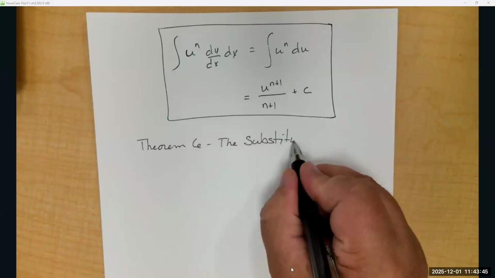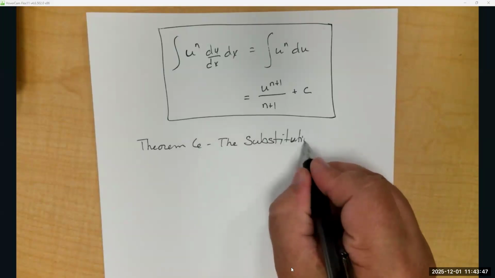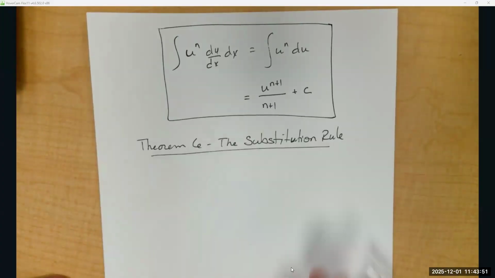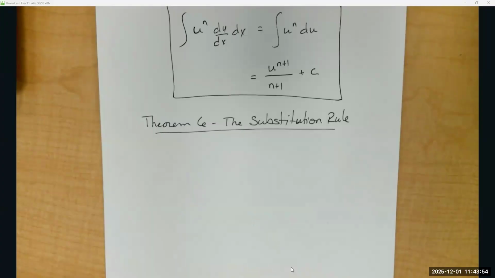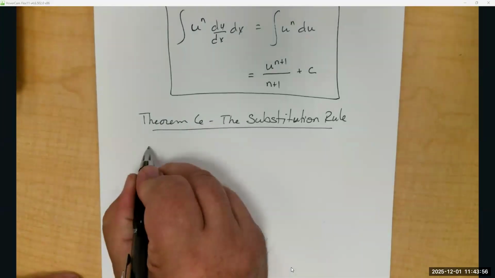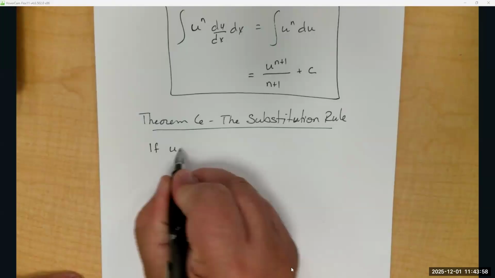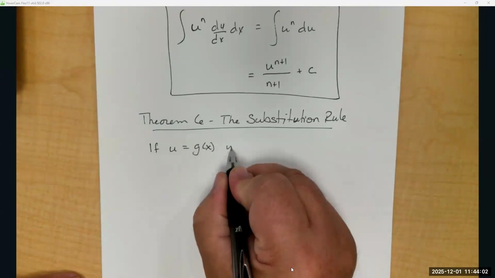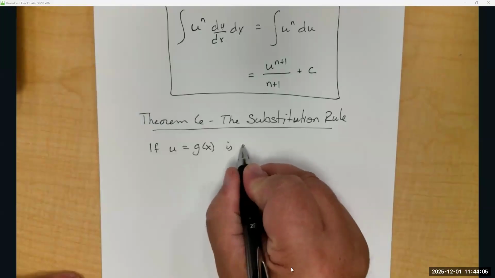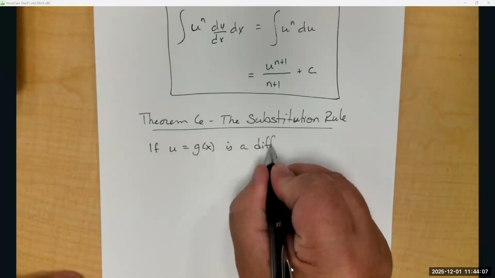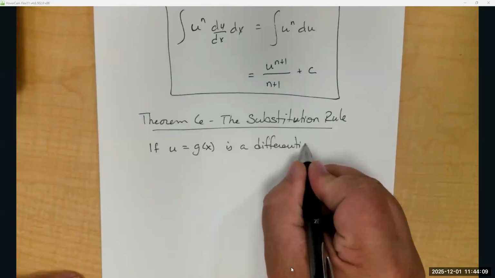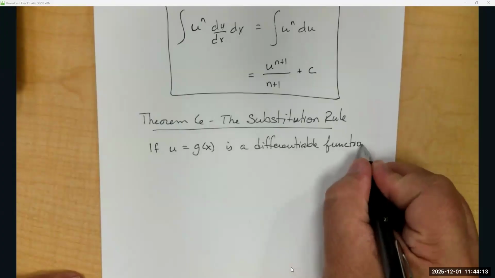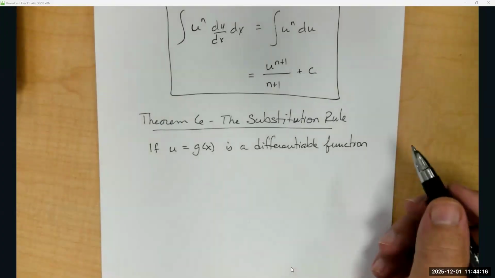Theorem 6 is the substitution rule. Now let's put a name to it. If our substitution u equals g of x is differentiable, remember, what does it mean to be differentiable?